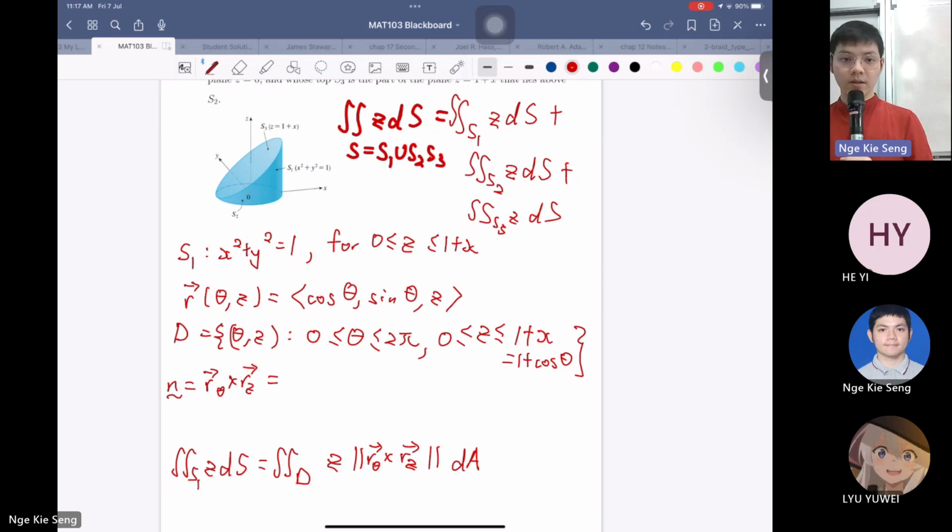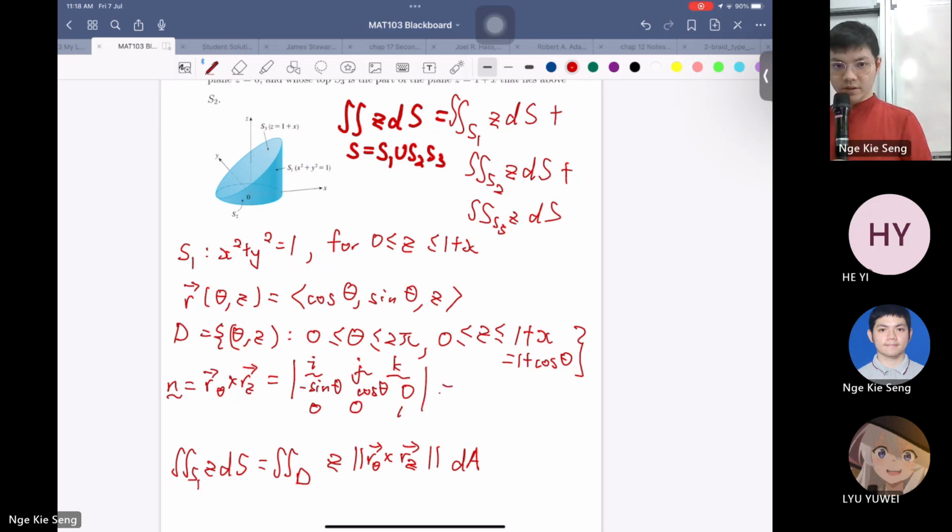So what is this? Our differential with respect to theta is minus sine theta, cos theta, 0. Differential with respect to z is 0, 0, and 1.